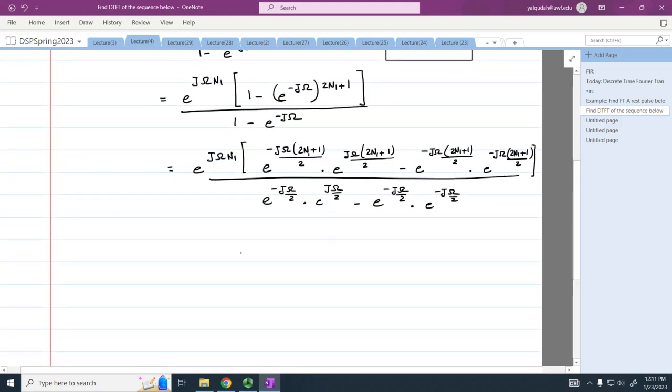Then what we're going to do is take e to negative j omega n1 plus 1 over 2 as a common factor. So I'm going to take e to negative j omega multiplied by 2n1 plus 1 over 2 as a common factor. And in the denominator, I'm going to take e to negative j omega over 2 as a common factor.